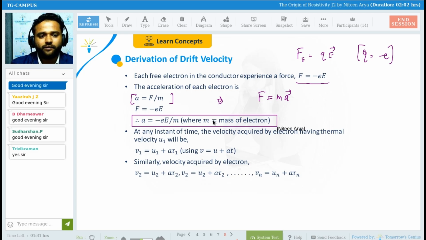What is the mass of electron? Anyone? Tell me. Because if you don't know even the order, you don't understand what the power of this is, because that is going to be very high. What is the order of mass of an electron?